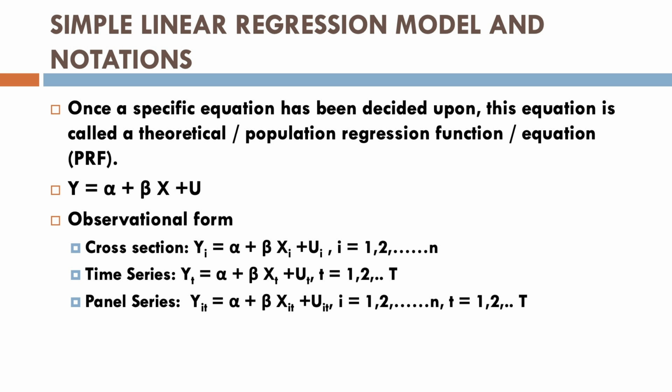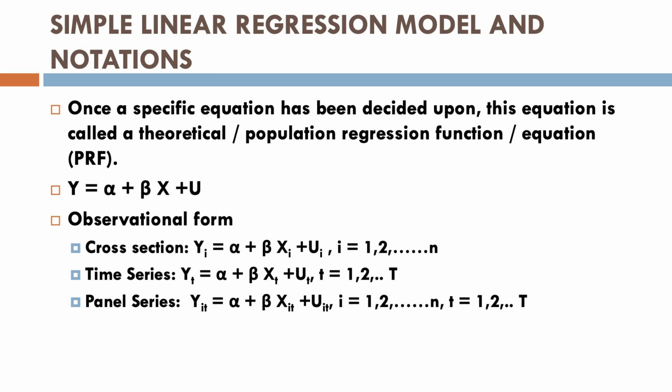We may write the simple linear regression model in terms of the observations also. In the cross section observation regression models, we write the regression as y i is equal to alpha plus beta x i plus u i, where i varies from 1, 2 up to n. Here n is the population size.